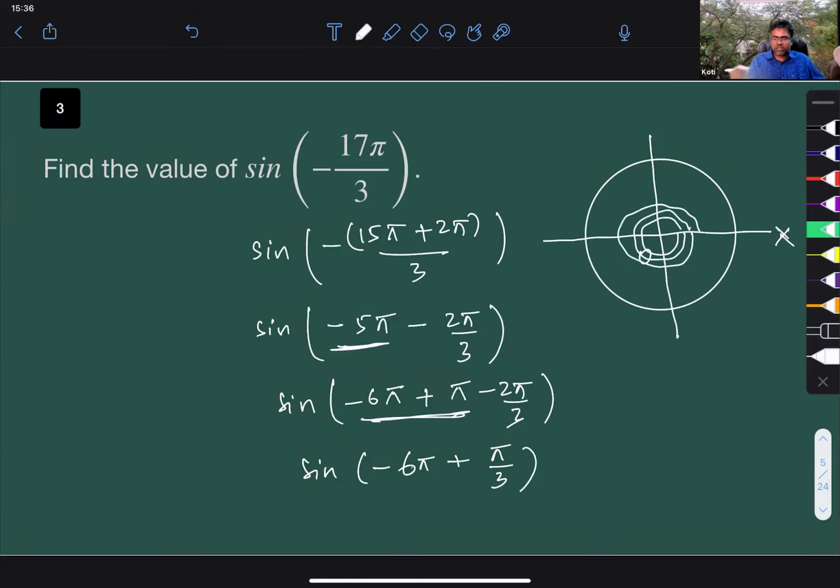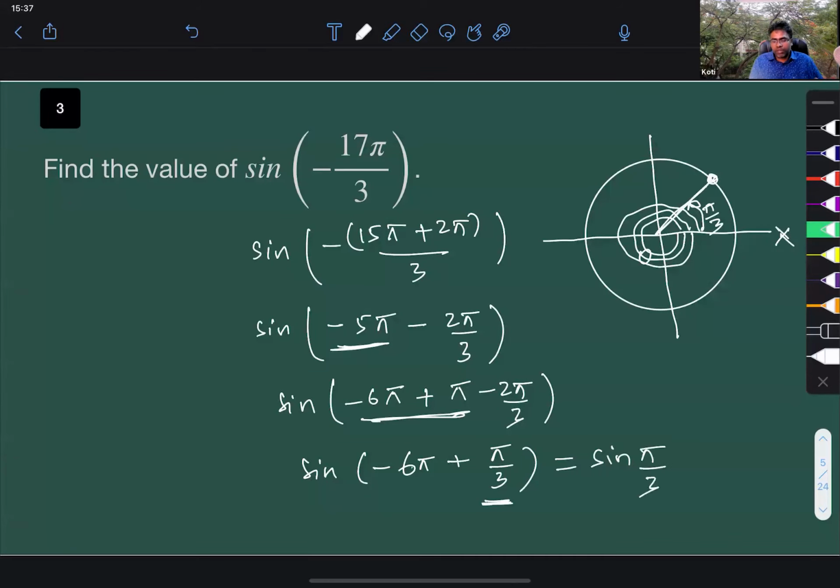I'm just drawing it to help us understand it better. You'll go back to the reference line, and after that, you're moving plus pi by 3. So this angle will take you to this position. This angle will be pi by 3. Now it is as good as sine pi by 3.